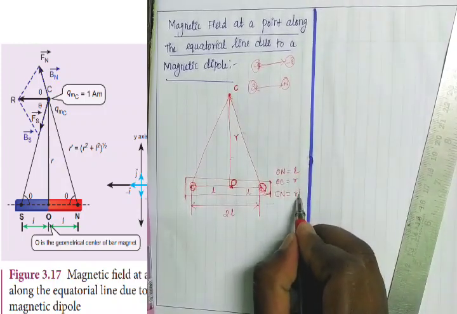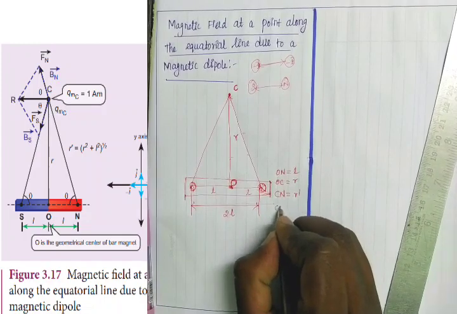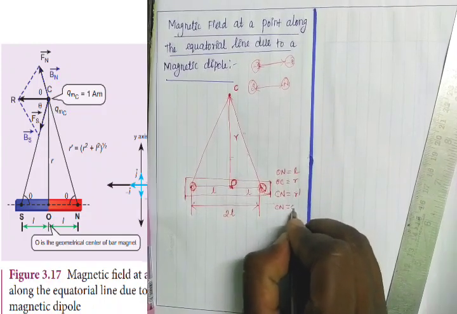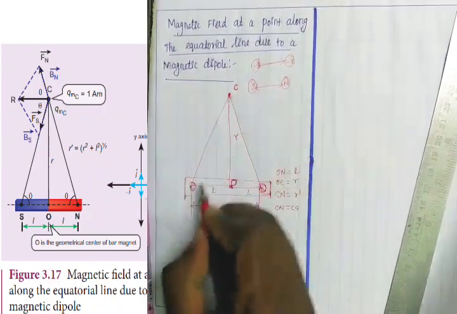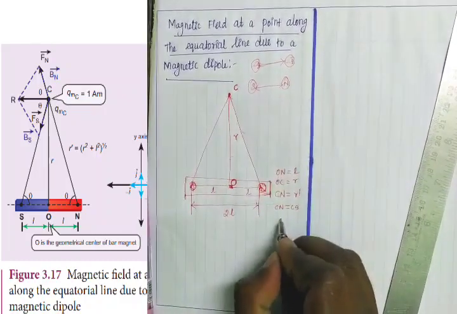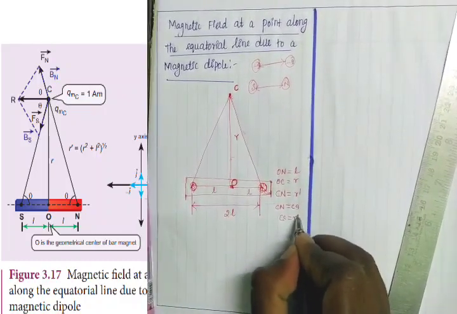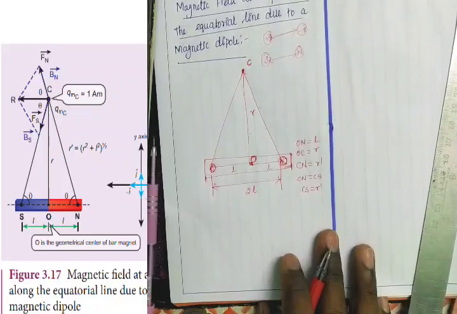CN is equal to CS, so both are the same: CS is R dash.